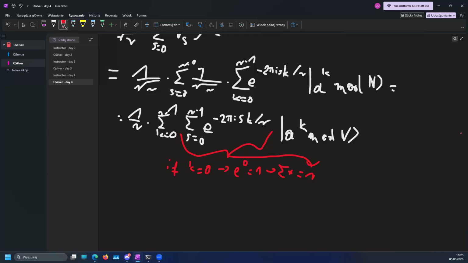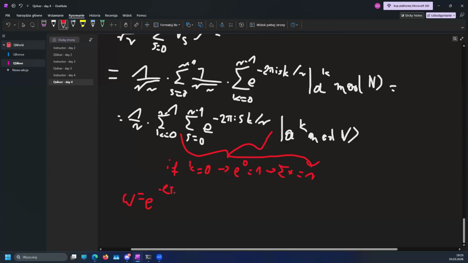But let me show you why. So let me define small omega, which is equal to e to the power of 2 pi i k divided by r.